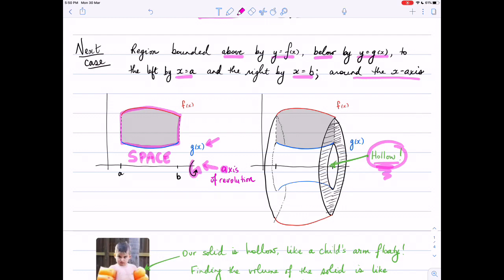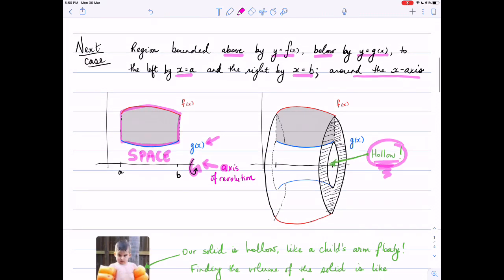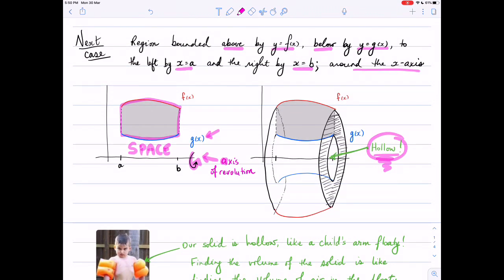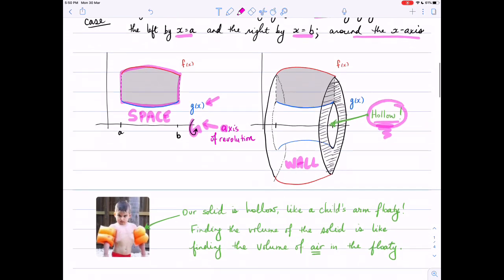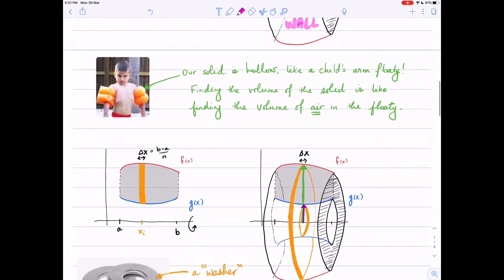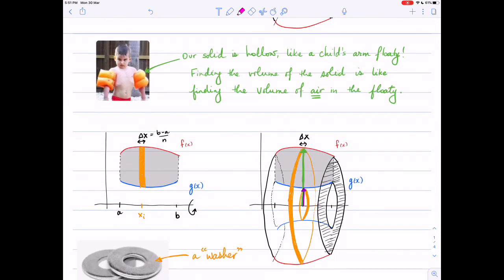So if we're trying to find the volume of this, then we're talking about the volume that is contained in the thick walls. If I call this part a wall of the solid, I'm talking about the volume in the thick walls. Another way of imagining it is like a child's arm floaty.